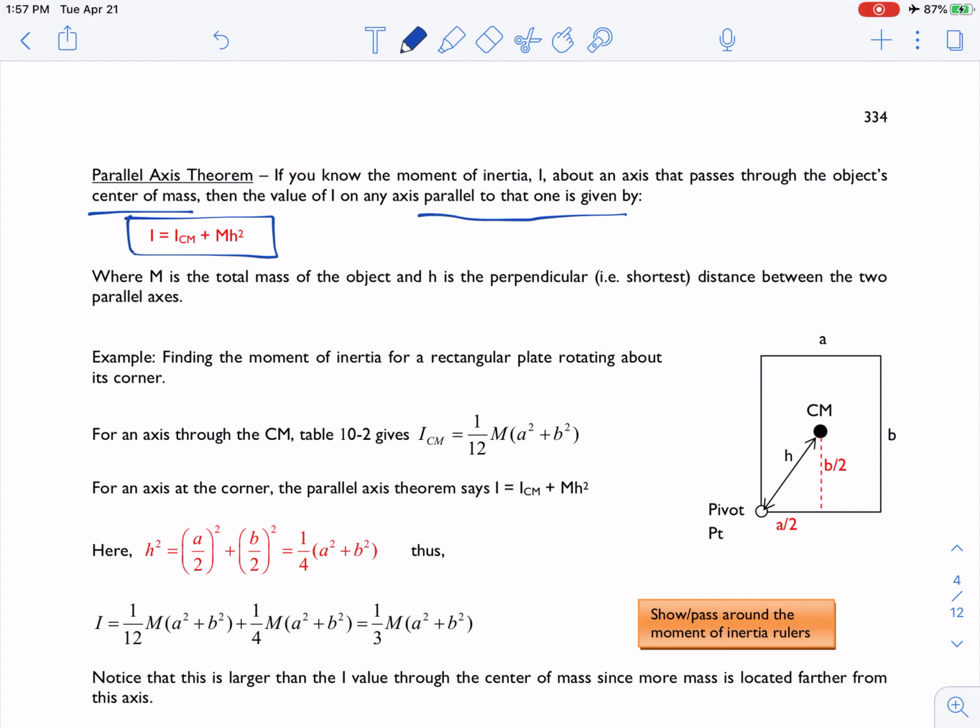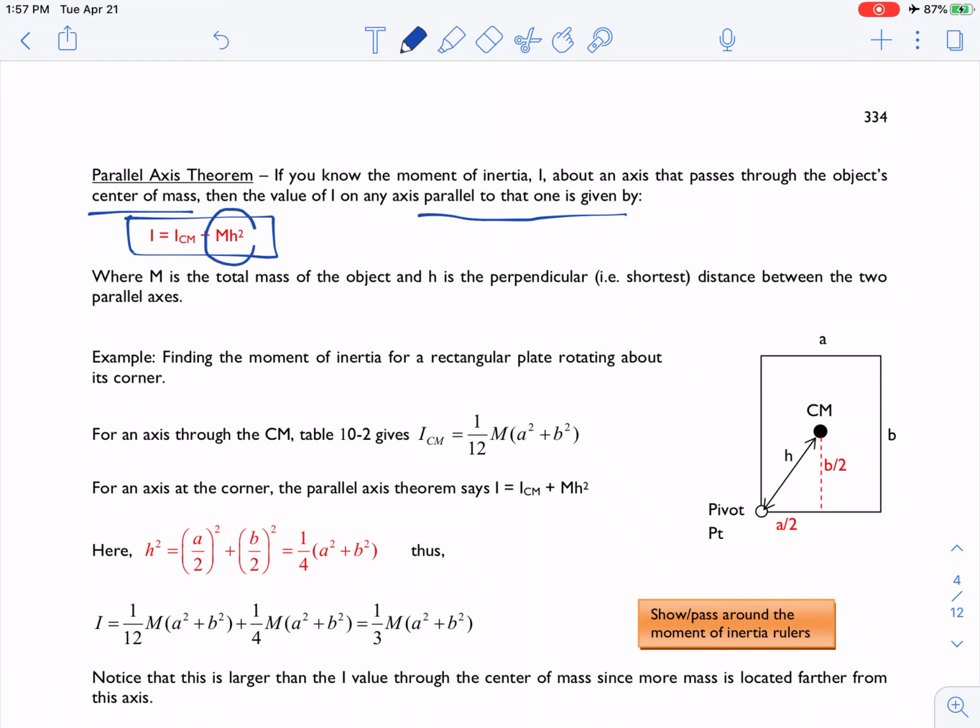H is the distance from the center of mass rotation axis to the new rotation axis, which are parallel, of course, it has to be. Okay, so we're gonna see how we're gonna do this.